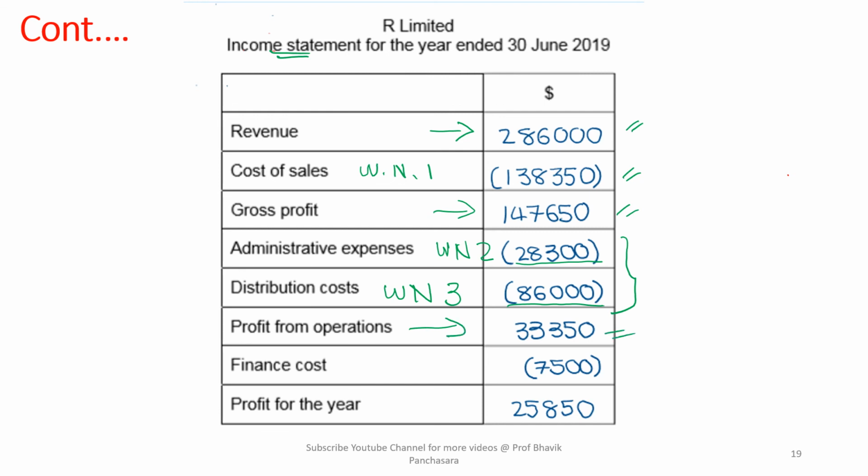And last one, that is finance cost, shown in working note 4. Finance cost is 7,500. So we will deduct this finance cost from profit from operations. So we have the final answer, that is profit for the year 25,850.